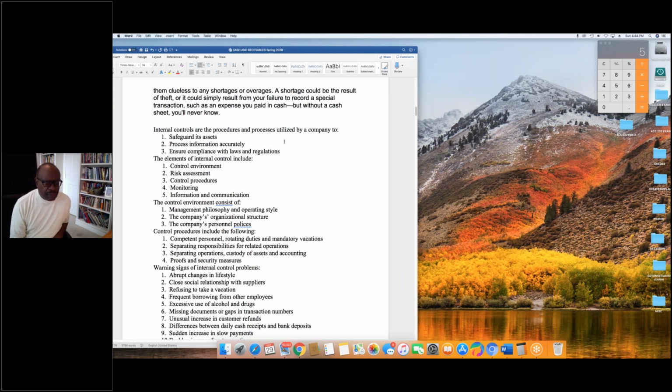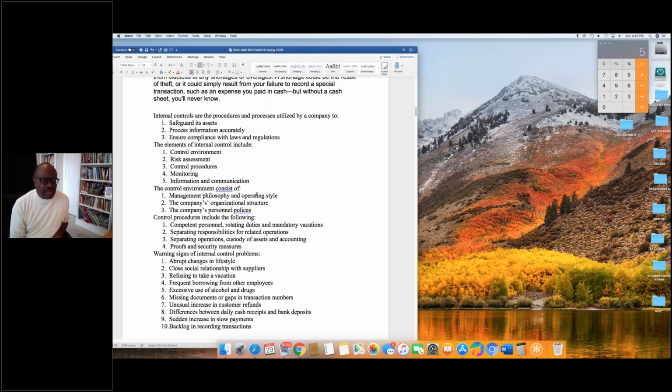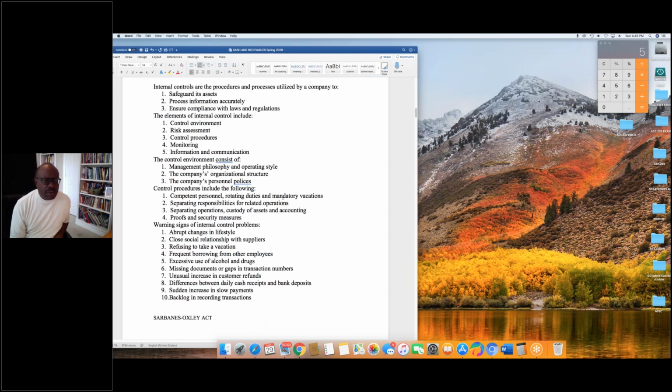And so the elements of control include a control environment, risk assessment, control procedures, monitoring, information, and communication. This has to be formalized and written down. Some key things: you want to rotate people through duties. You want a separation of responsibilities, some sort of system of checks and balances.